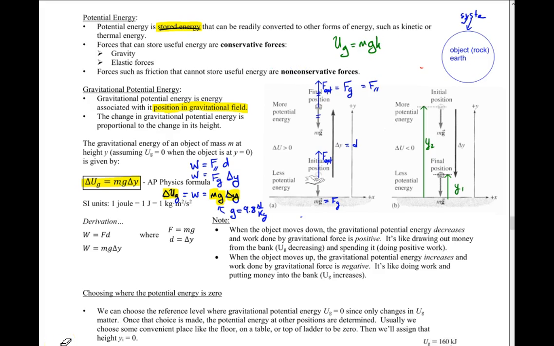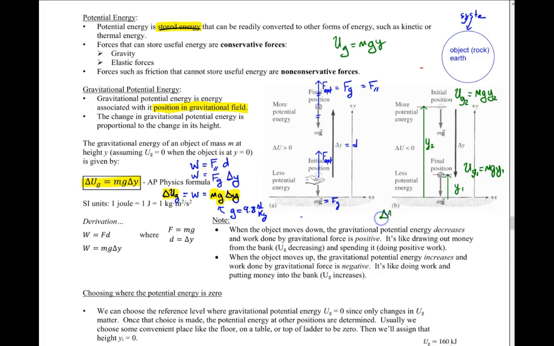Or in retrospect, actually, we now use the variable y in the notes. So the potential energy at this particular location, we'll call it U_g sub 2, would be mgy sub 2. And the potential energy at this final position would be U_g sub 1 equals mgy sub 1.